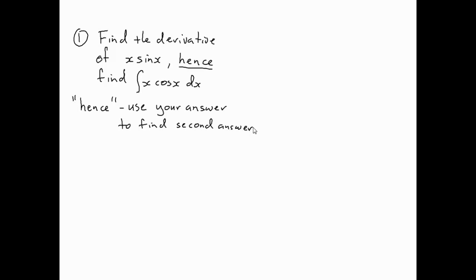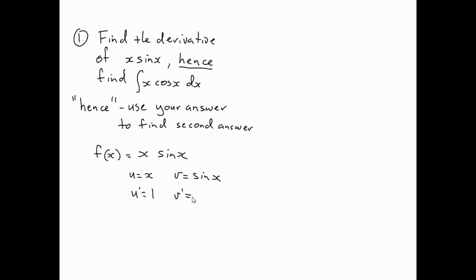So let's start. We started with the function of x equals x sine x. We want to find the derivative of this. Recognize that as a product of a function by a function. So I'm going to let u equal x, v equals sine x. The derivative of u is 1.